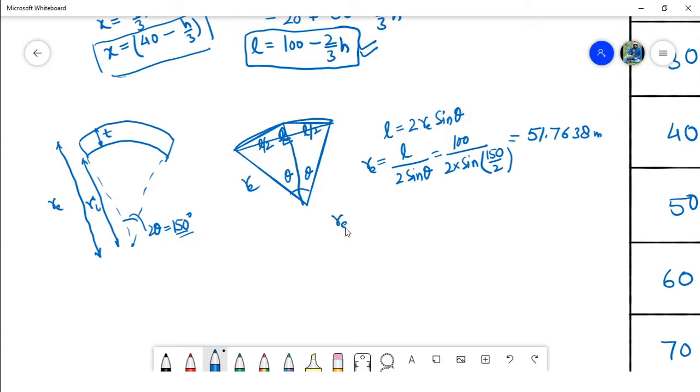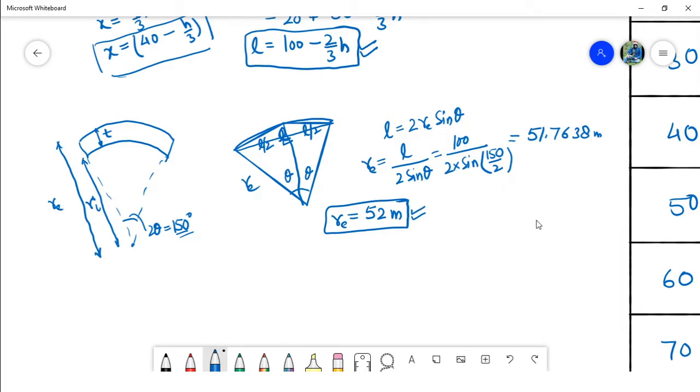So on rounding off, we can have the radius to be 52 meter. Since this is a constant radius arch dam, we will take this radius throughout the height of the dam. So radius will be 52 meter.